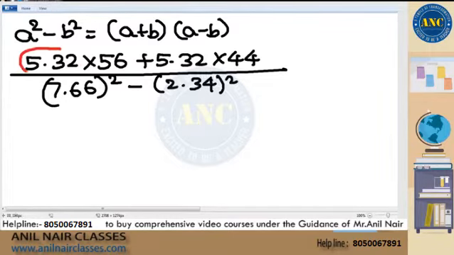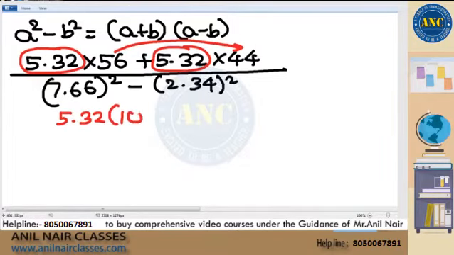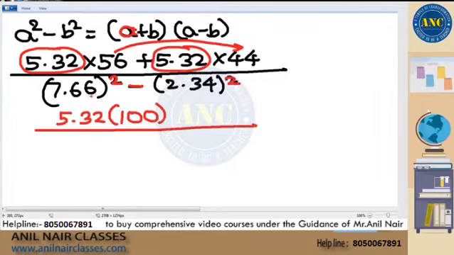If I take this 5.32 common factor in both these terms, you are left with 56 plus 44. 56 plus 44 is 100. So 5.32 into 100. A square minus b square is a plus b into a minus b. A plus b is 7.66 plus 2.34, which is nothing but 10.